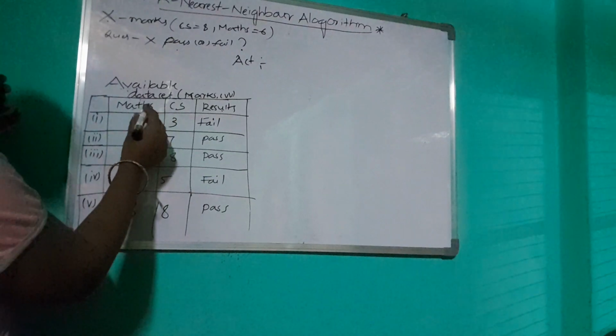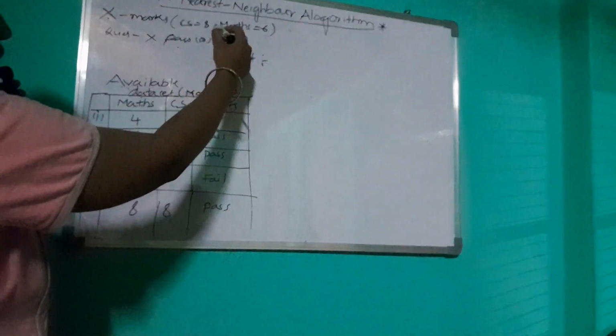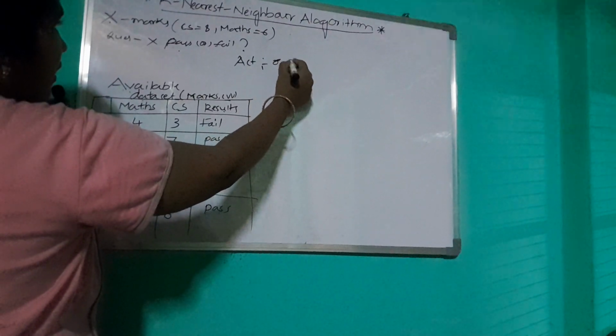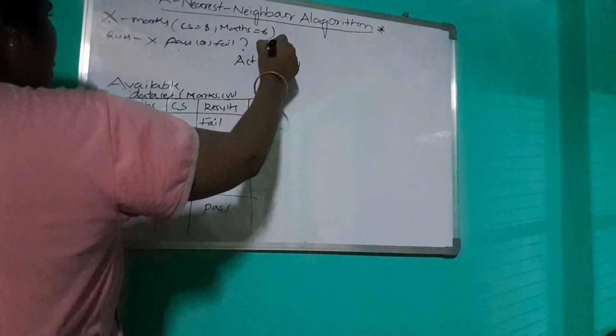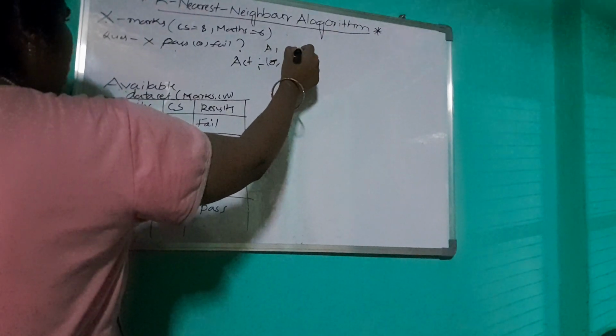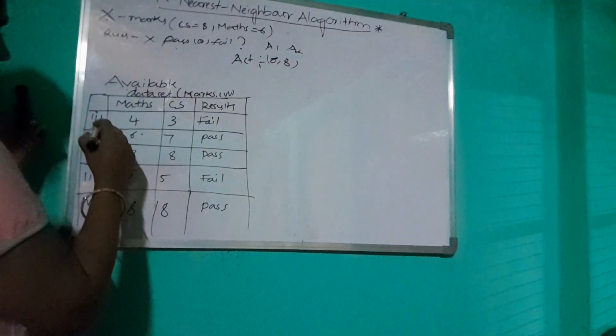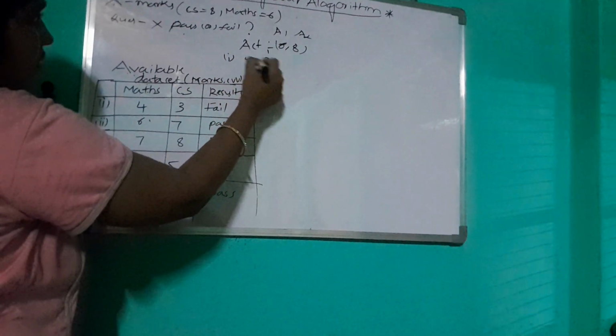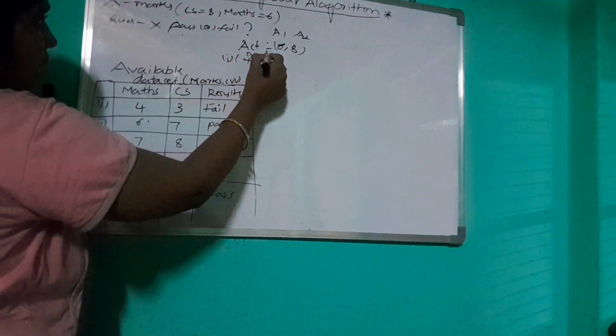In our dataset the order is maths, CS, so we have to take that order, 6 comma 8. This is actual value 1, actual value 2. Take the first value, 4 comma 3. This is observed value 1, observed value 2.